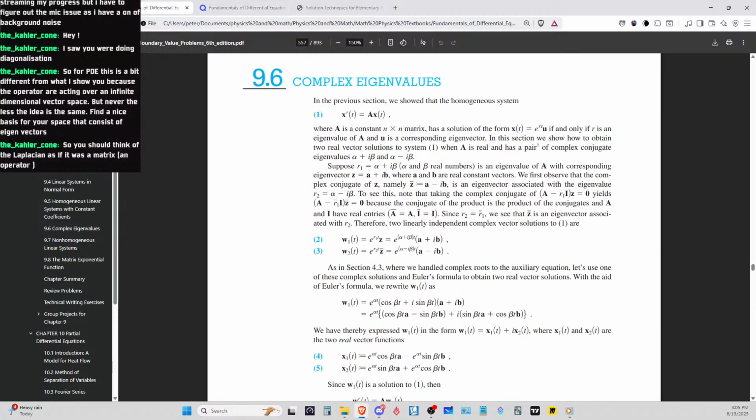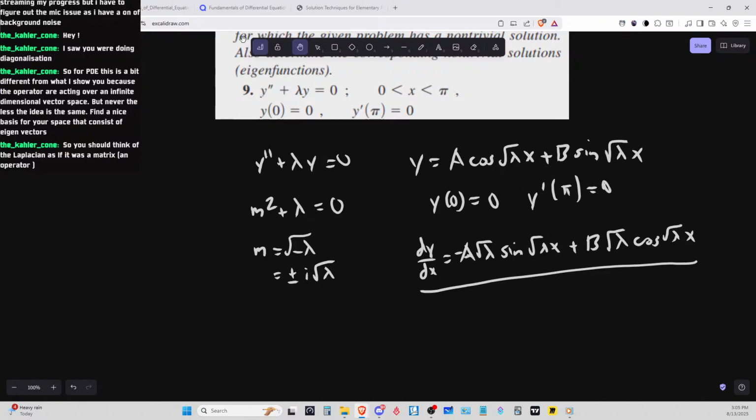Because I know when you do the eigenvalues, you have to set it up so you have a matrix A, and then that minus lambda times the identity matrix equals 0.